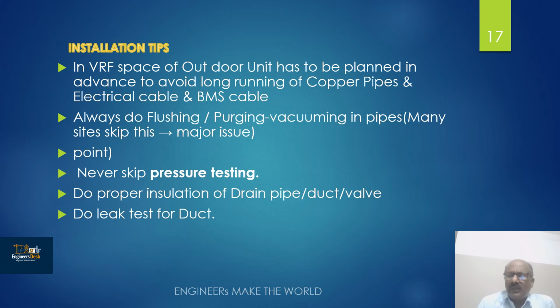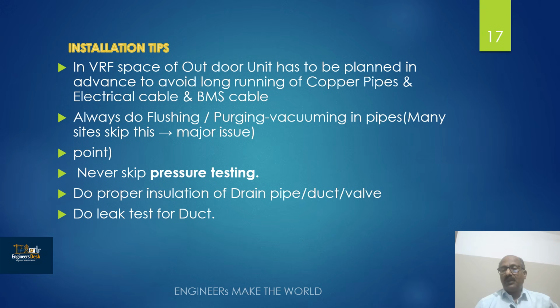In a VRF unit, the placing of the outdoor unit has to be properly planned, because power cable, BMS cable and copper piping have to be taken to the outdoor unit. Always do flushing, purging and vacuuming, as it is intended for cleaning of pipes and copper pipe. Never skip a pressure test of the pipe.